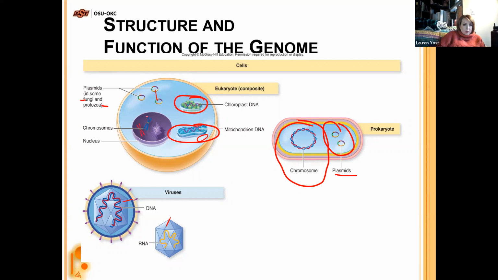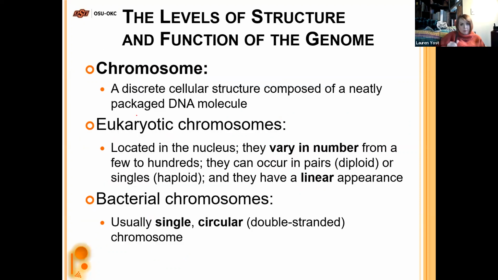Our chromosomes exist in our nucleus, and they're only an X shape whenever the cell is getting ready to divide in mitosis. We learned about that. A chromosome is a discrete cellular structure of neatly packaged DNA molecules. This is what codes for the basis of that organism, not the extra genes that were introduced, but the stuff that typically comes with that organism type.